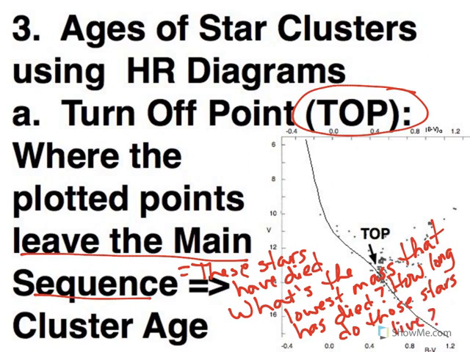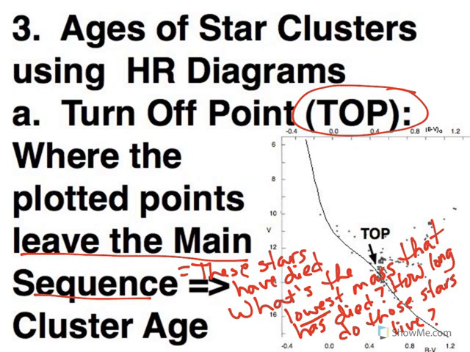Because, of course, the lower the mass, the longer they live. So the lowest masses that have died tell us then how long this cluster has been around. And so by knowing their lifespan, we can figure out the age of the cluster.